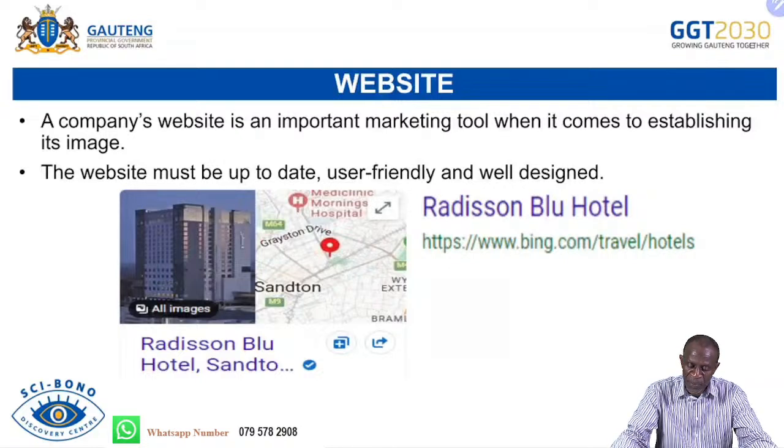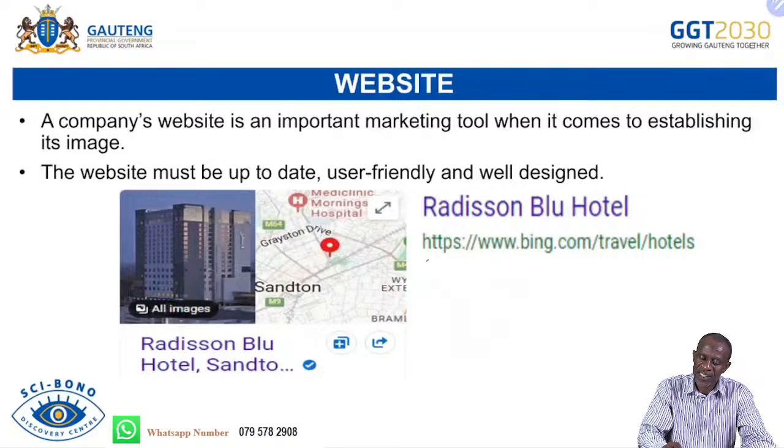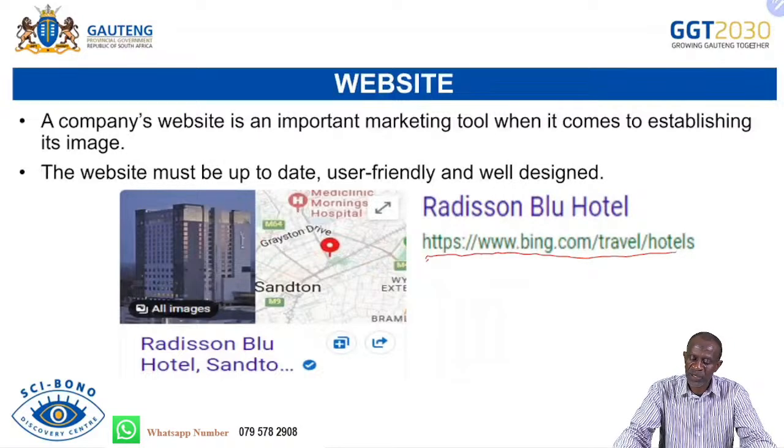And an example given here is that of Radisson Blue Hotel in Sandton. And here is the website if you want to know more about this hotel, the rates, if you want to explore the inside, what services are on offer, the website is coming in handy for you to explain the inside and outside of the Radisson Hotel.